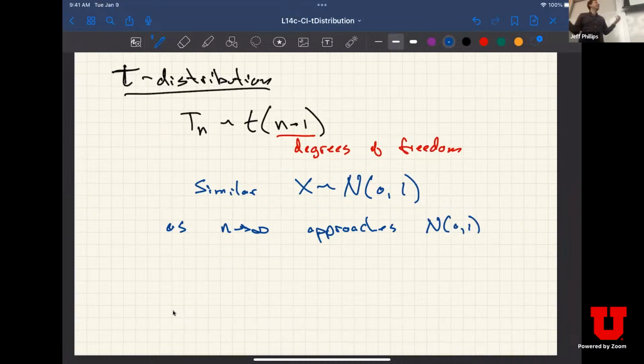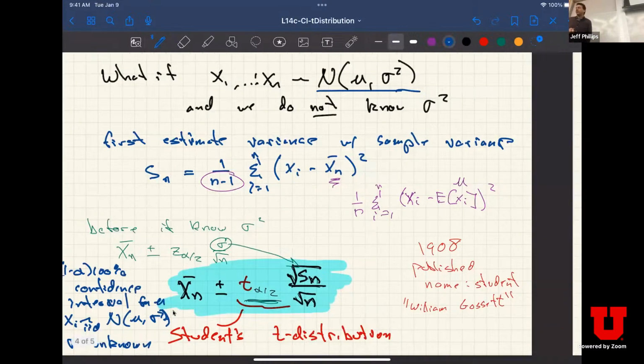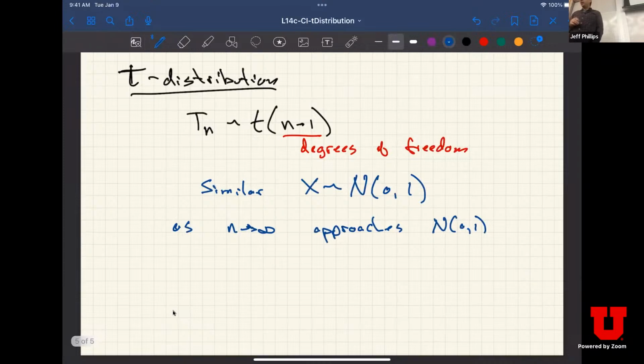The reason is that if you have large n, your sample estimate of the variance is going to be quite good, so the difference between the true variance and the sample estimate is going to be pretty small. Then the confidence interval bound you get will basically use the same parameter: Z alpha over 2 is going to work about the same as T alpha over 2. So this is a distribution with one parameter, and it looks pretty similar to the normal distribution.